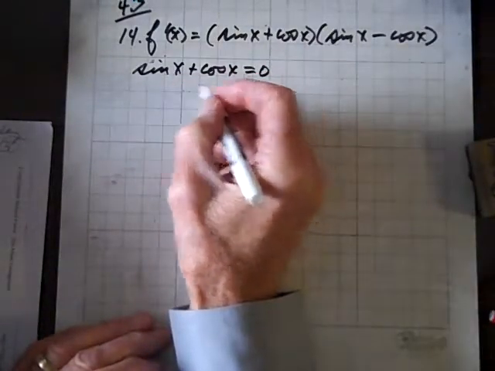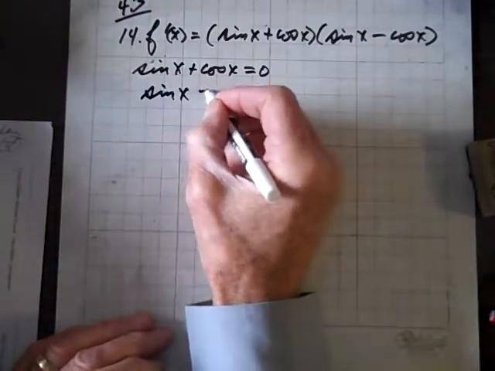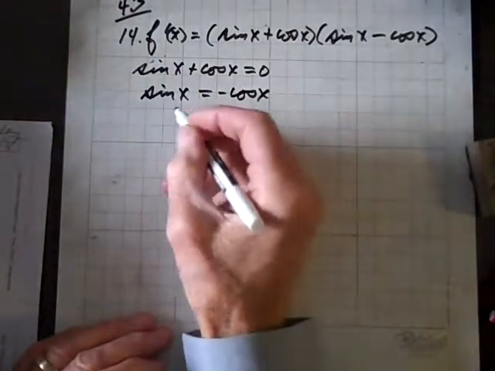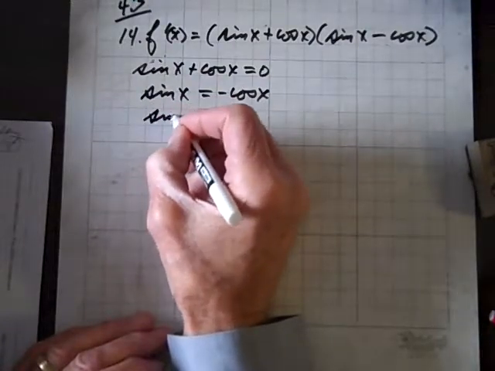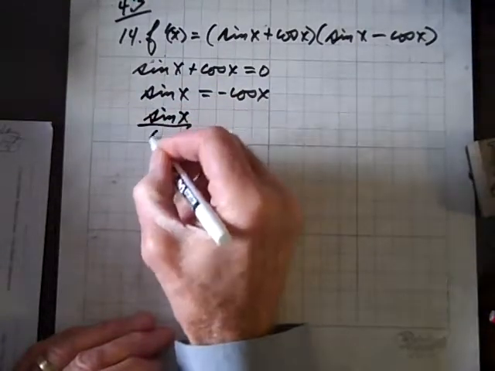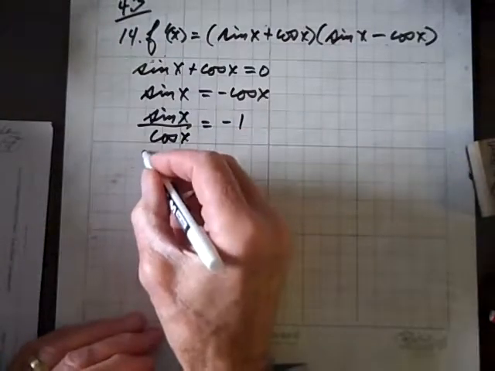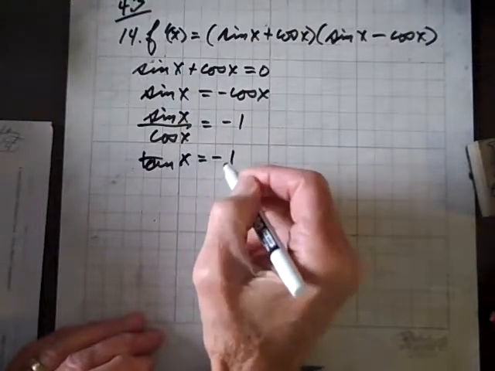Now we'll subtract cosine of x from both sides, so we get sine of x equals negative cosine of x. Now if we divide both sides by cosine of x, we get sine of x over cosine of x equals negative 1. This means tangent of x equals negative 1.